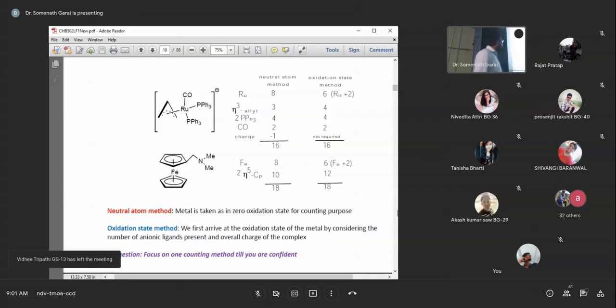The charge count method is sometimes also called the oxidation state method, because it depends on the oxidation state, because of the charge.